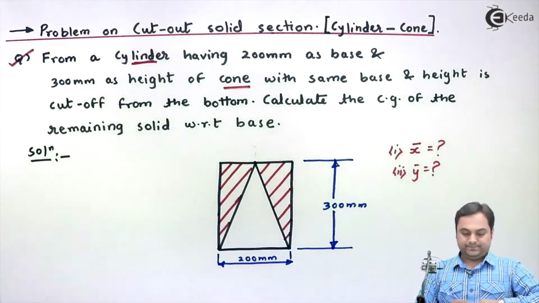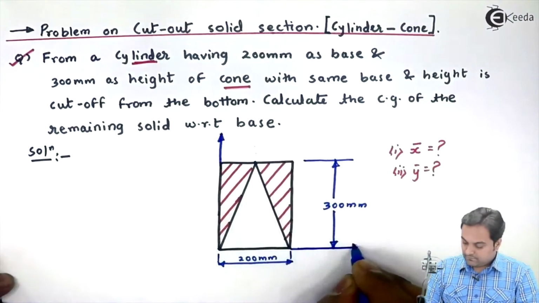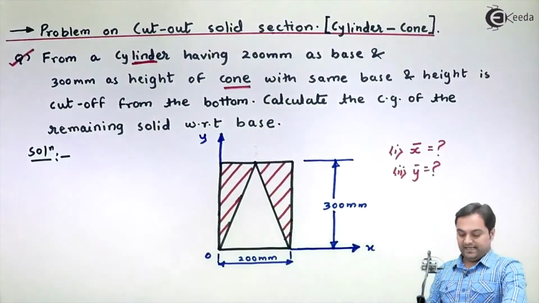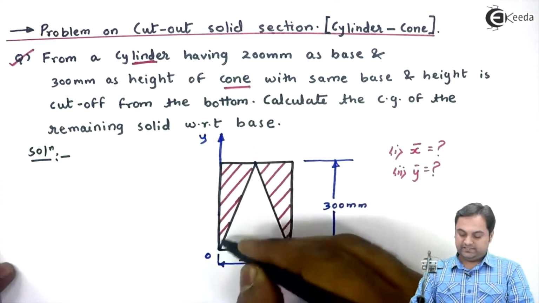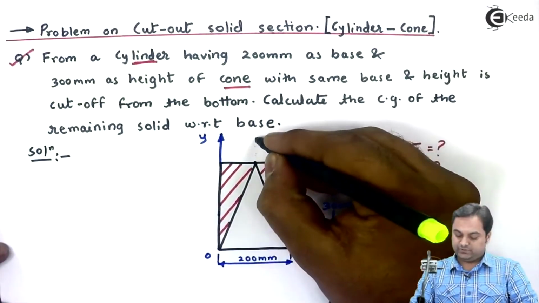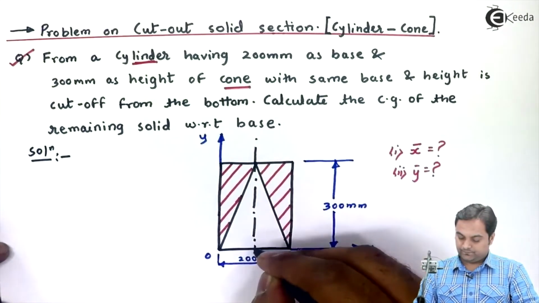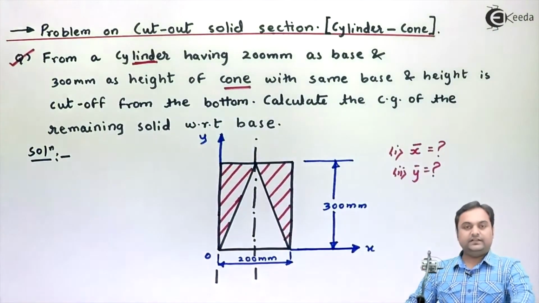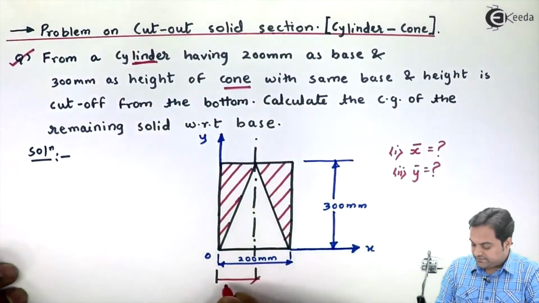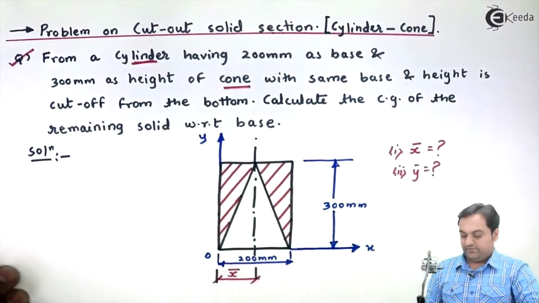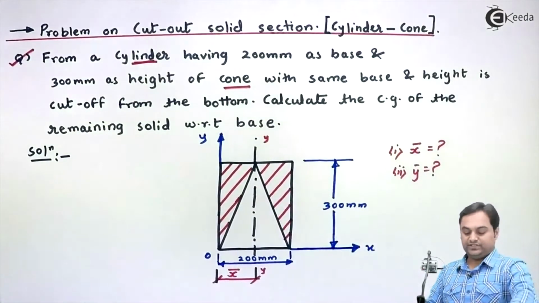In this solution part, I will place this system on an axis. As we see in the diagram, this composite solid, or we can say the cutout section, it is symmetric about the vertical axis. Now since it is symmetric about the vertical axis, we can get X bar distance directly. So I'll write down here, this is the Y axis of the cutout section.